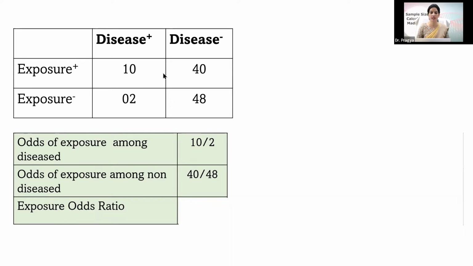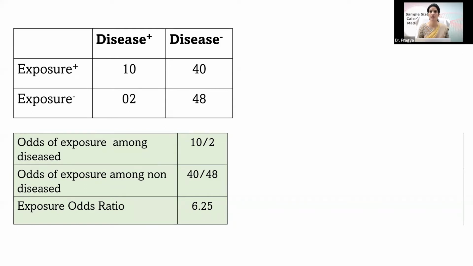Do you understand now the odds of exposure among non-diseased? This is the non-diseased column. Everybody is clear on this. So the odds of exposure in non-disease will be 40 by 48. And if you calculate the odds ratio, it is 10 by 2 divided by 40 by 48.